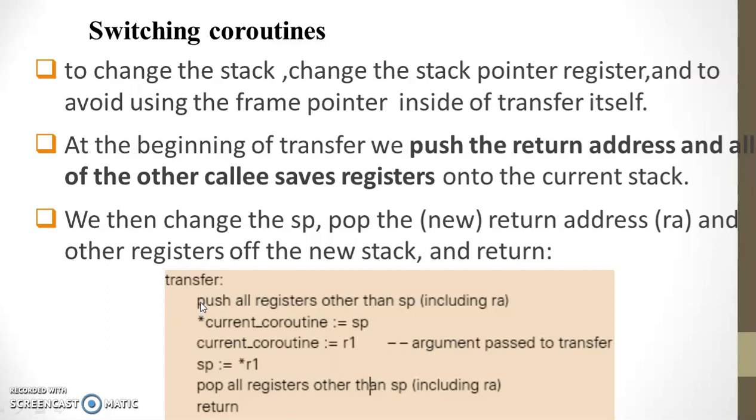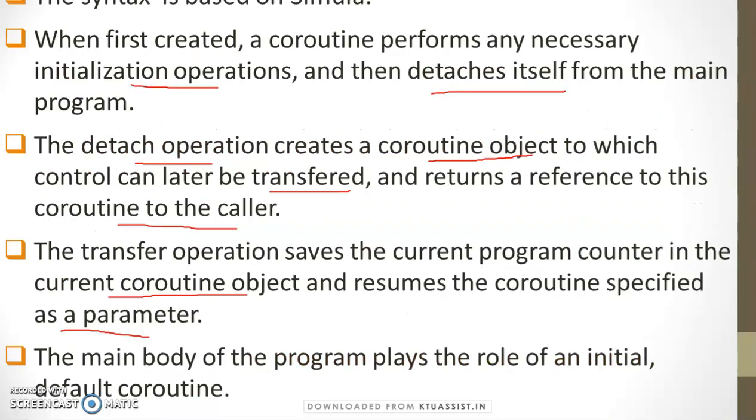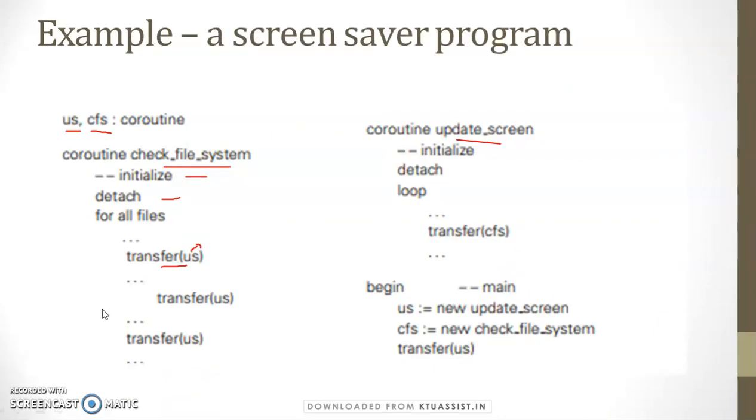So what are the operations being performed? Push all the registers other than SP, including the return address. Then the current coroutine will be pointing to the SP. Current coroutine will be equal to R1. That is, R1 will be a parameter that is passed in the transfer function. So here in the program, we have given transfer of US.